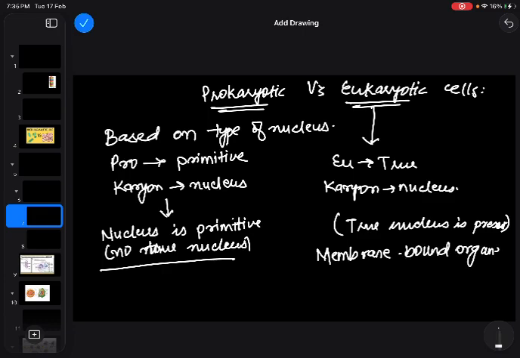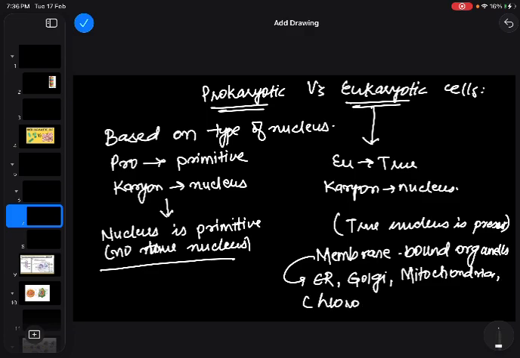which are absent in prokaryotes, like endoplasmic reticulum, Golgi complex, mitochondria, chloroplast, etc. These are absent in case of prokaryotic cell.